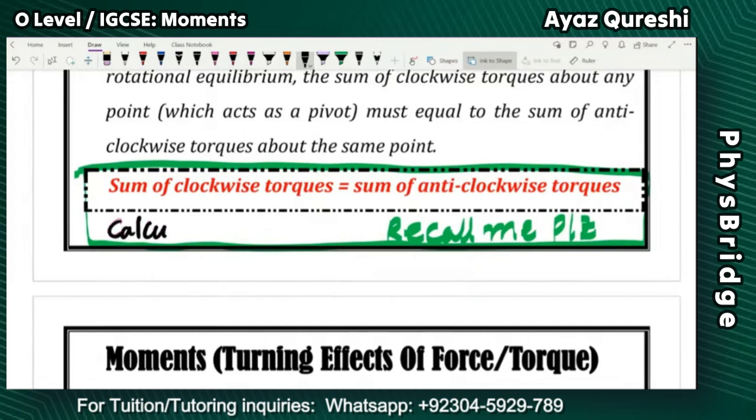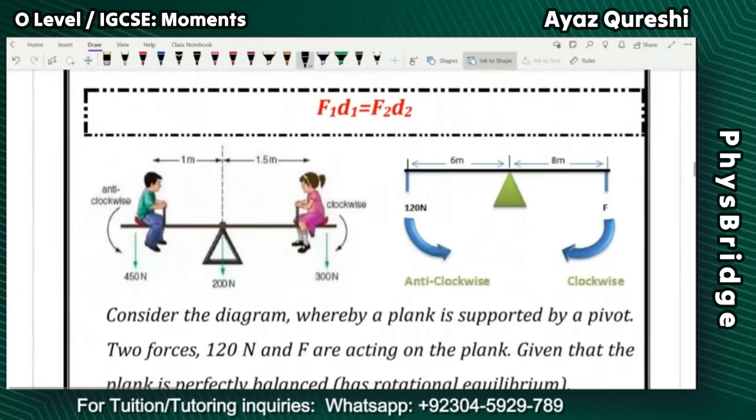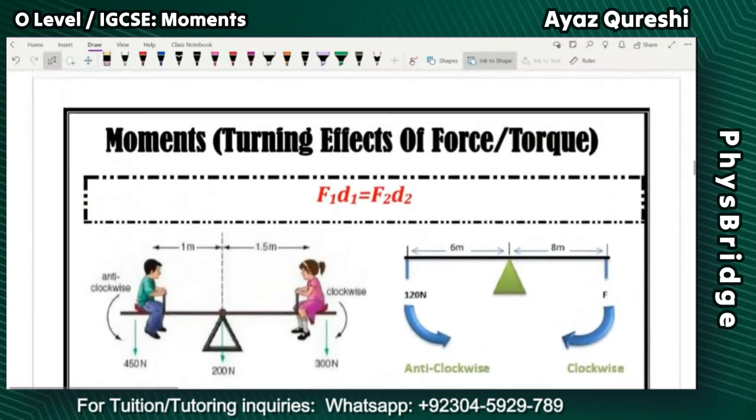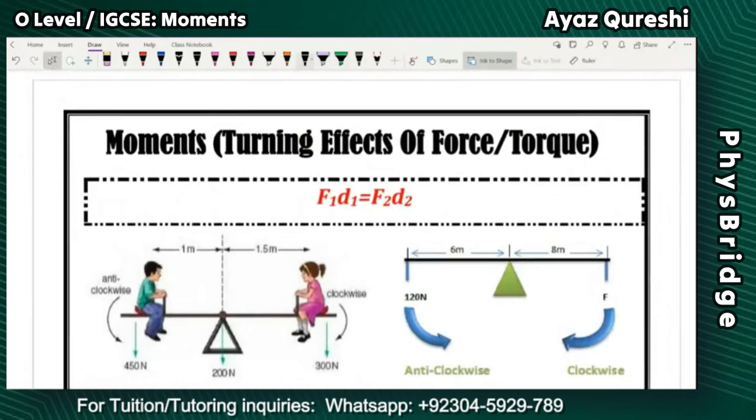Most of your calculations, up till this point, what I told you was one formula, that was the formula of only moments. Now you have to use another one. The mathematical form of that is this one. It is a humble request to recall it: F1 d1 equals F2 d2.